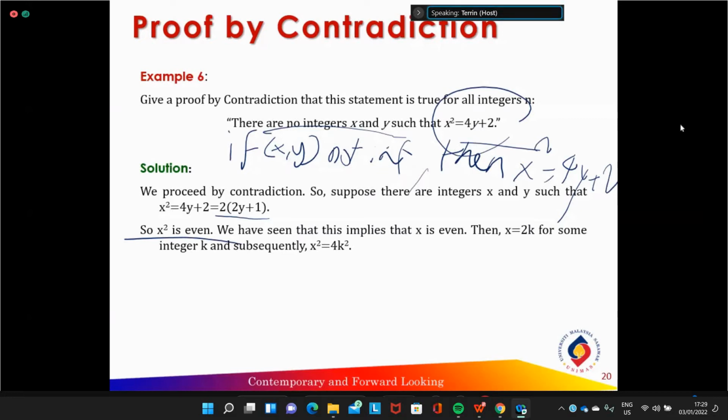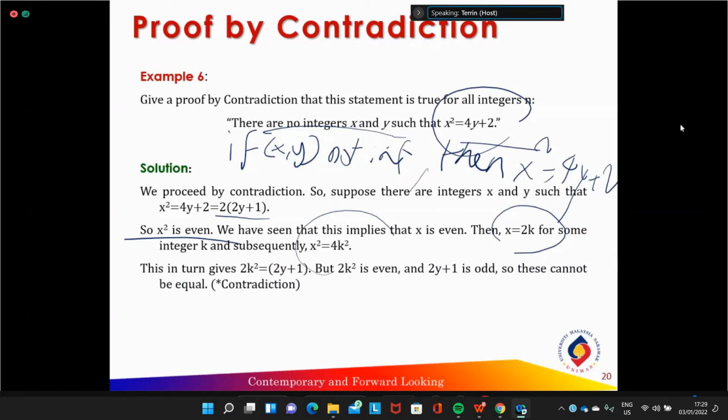If x is even, then we say that x equals 2k. Subsequently, we can have the form x squared equals 4k squared. If x squared equals 4k squared, in turn this says that 2k squared equals 2y plus 1. That is getting the 1 in here.